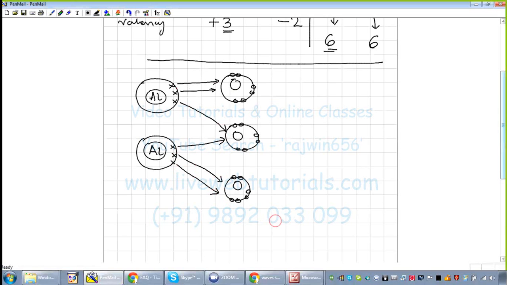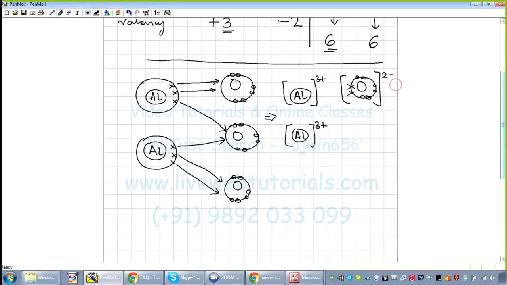So these all will combine together. 2 minus, 2 minus, with a 3 in front of them, multiplied by 3.